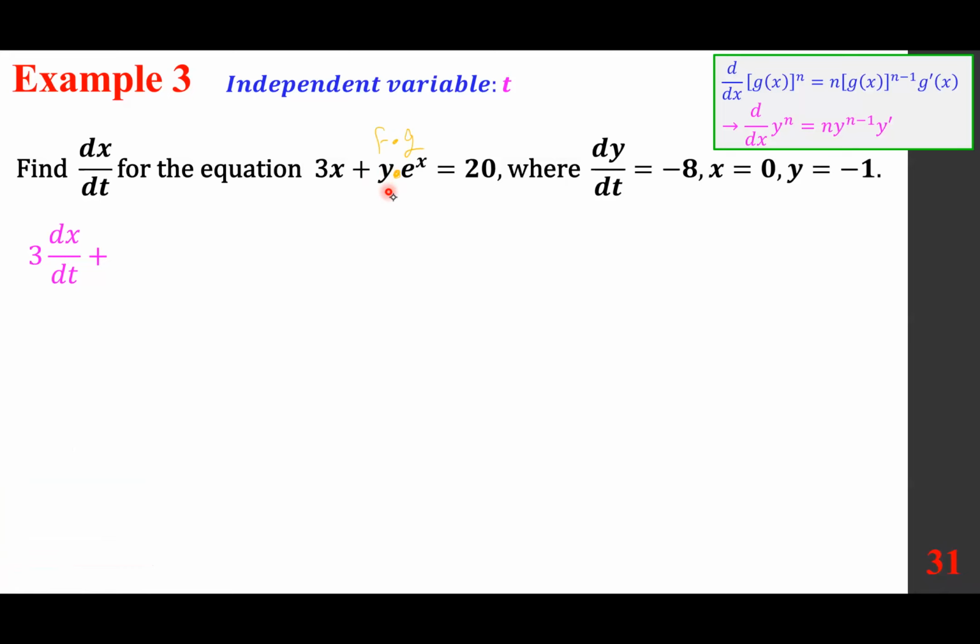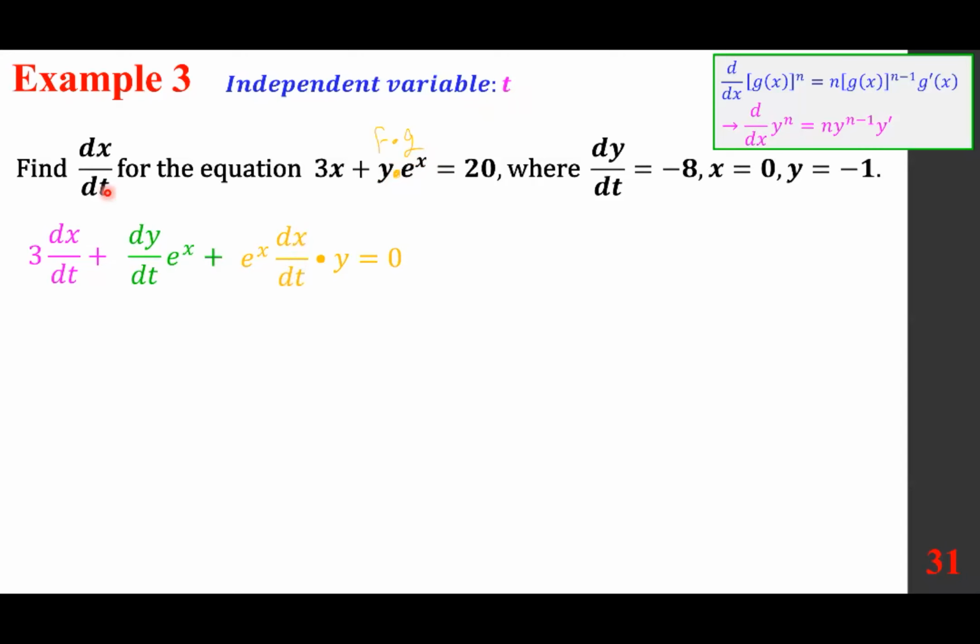You want to write dy dt times e to the power of x, plus e to the power of x is itself, e to the power of x, times dx dt times y. So again, e to the power of x is itself, but remember, x is not your independent variable. X is a dependent variable and it depends on t. So that's why you tag along dx dt.